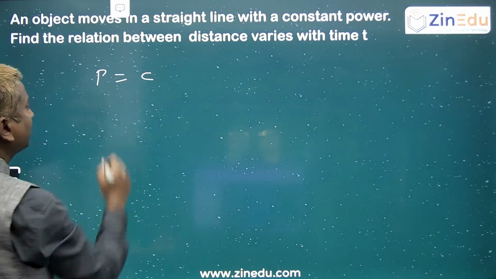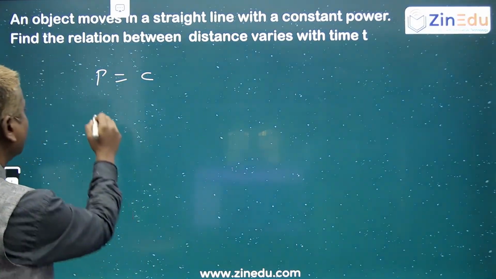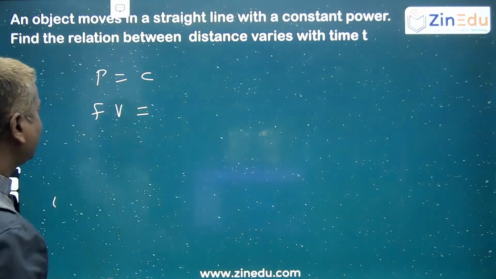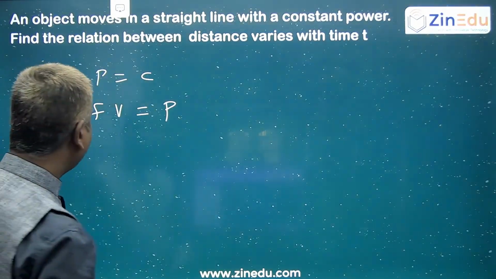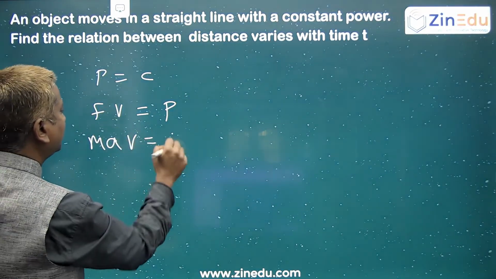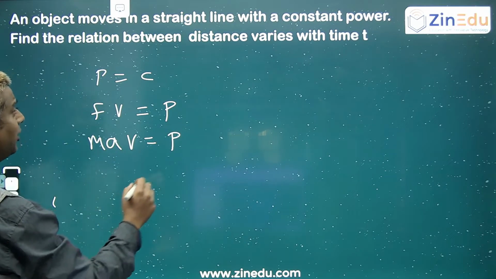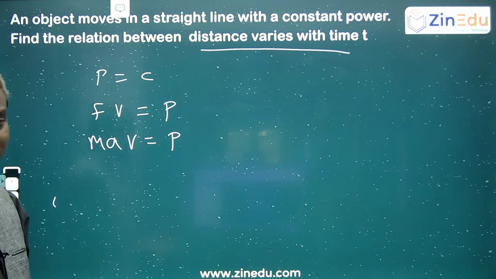Power is constant. We know that the instantaneous power is nothing but force dot velocity, right? That is a constant. We'll take P, which is a constant. So force equals mass into acceleration, dot velocity, is equal to power. Because they are asking distance versus time, how can we work it out here?